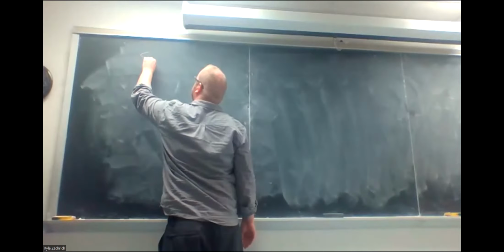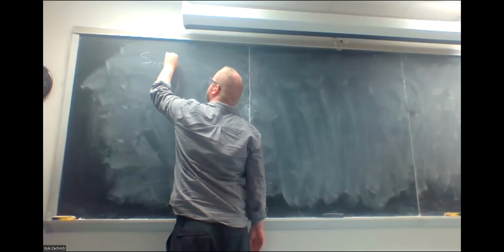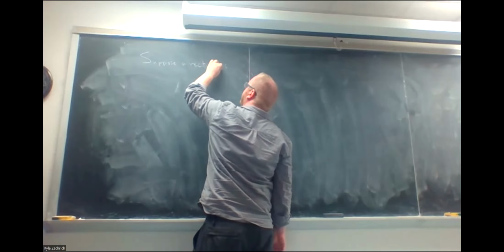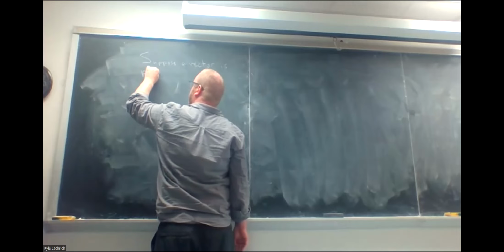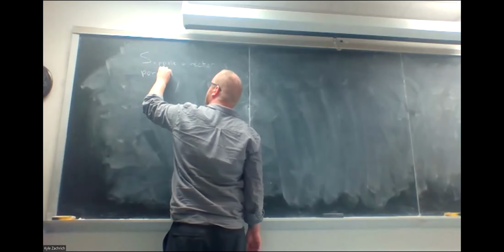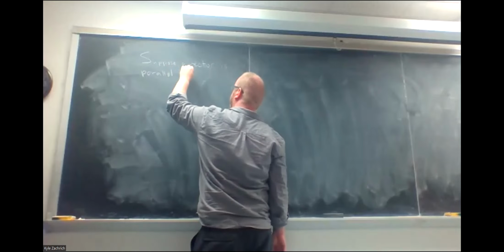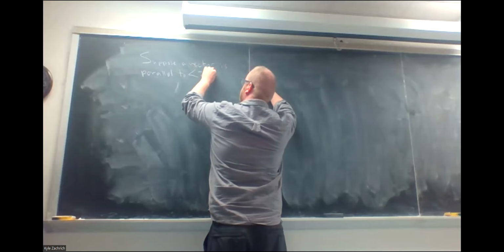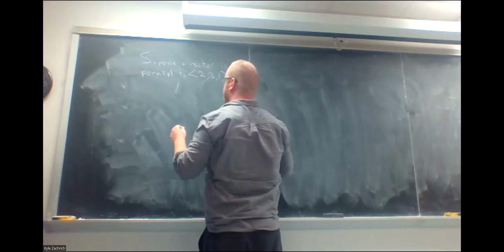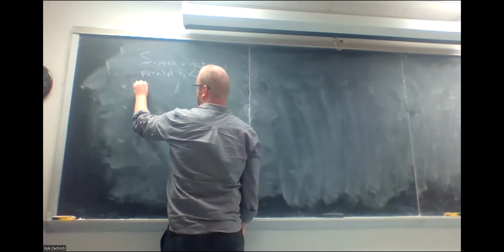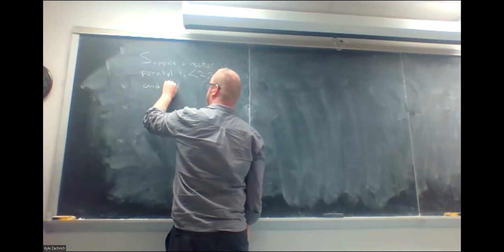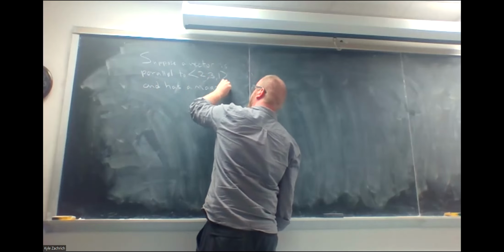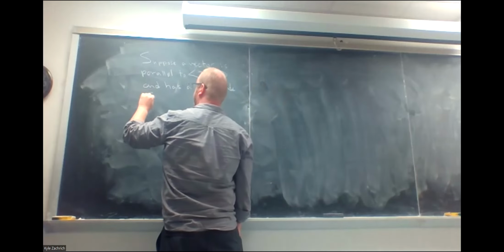So I suppose a vector is parallel to 2, 3, 1, and has a magnitude of 10.